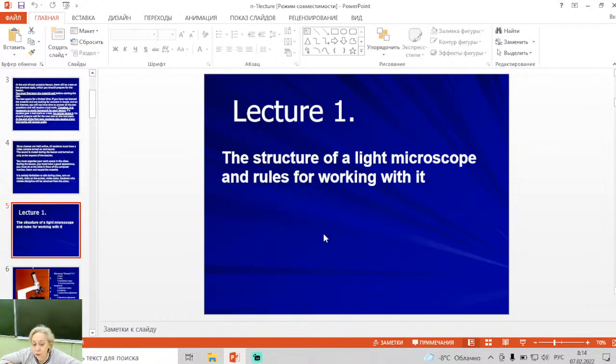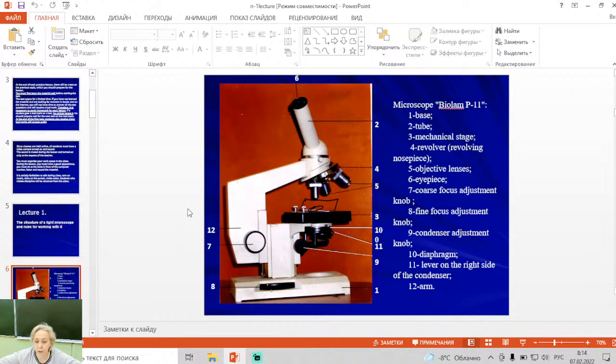And the first question of our lecture today: the structure of the light microscope and rules for working with it. On this picture you see a student microscope, Microscope Biolam P11.